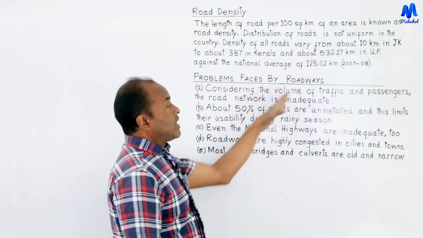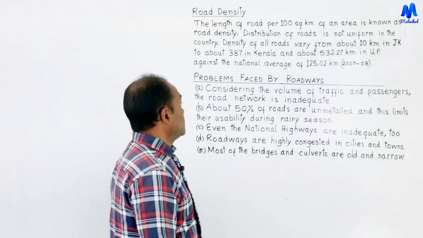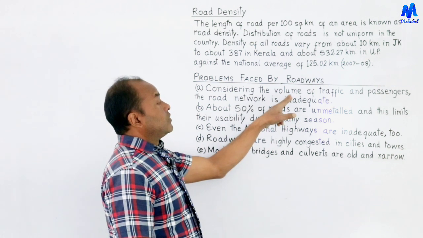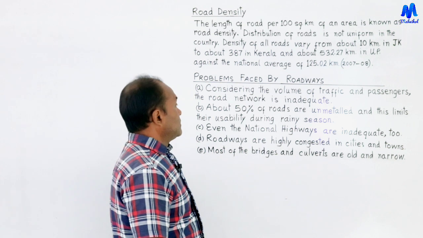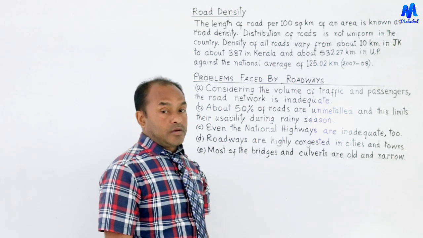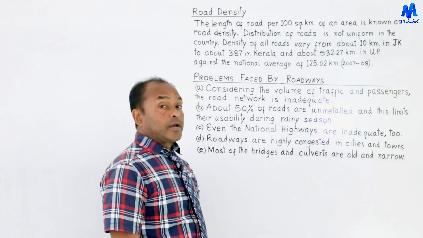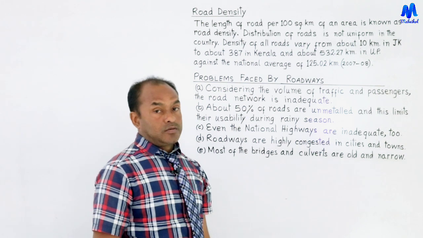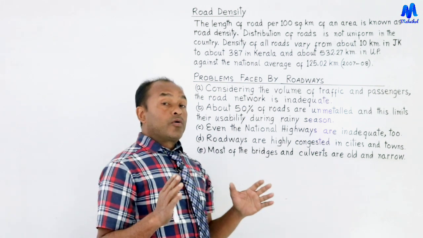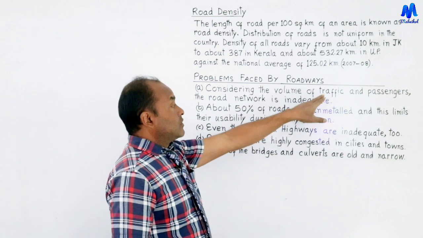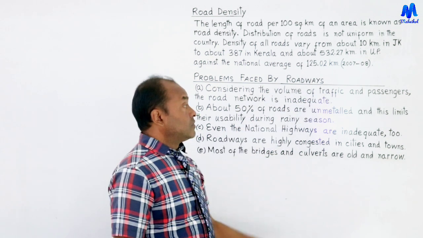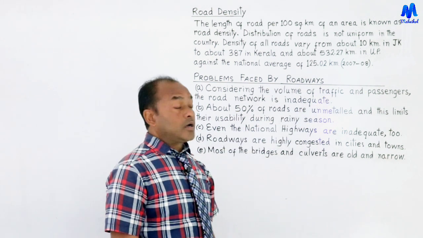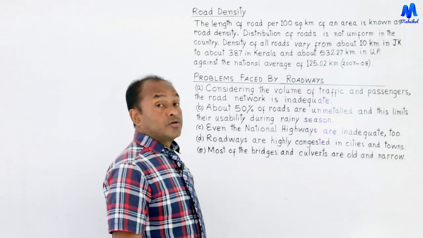What are the problems faced by roadways? Let's have a discussion here. First, considering the volume of traffic and passengers, the road network is inadequate. Let me interpret again. We need more road networks, because each and every year there is an increasing number of vehicles and passengers passing on the road.